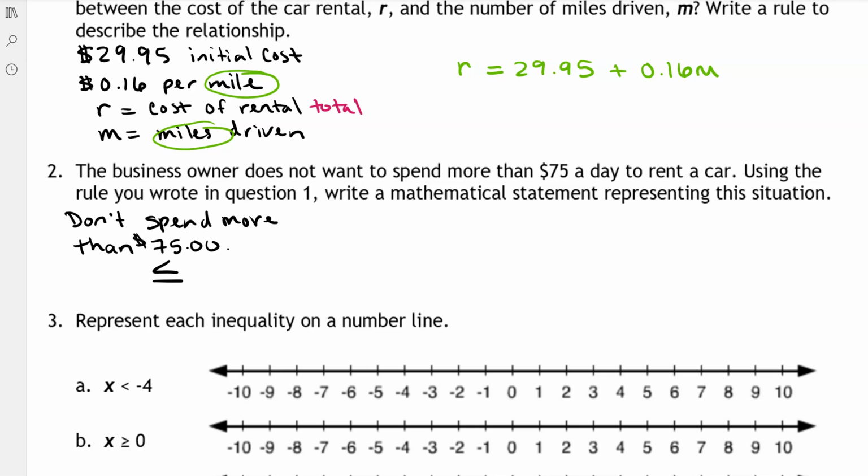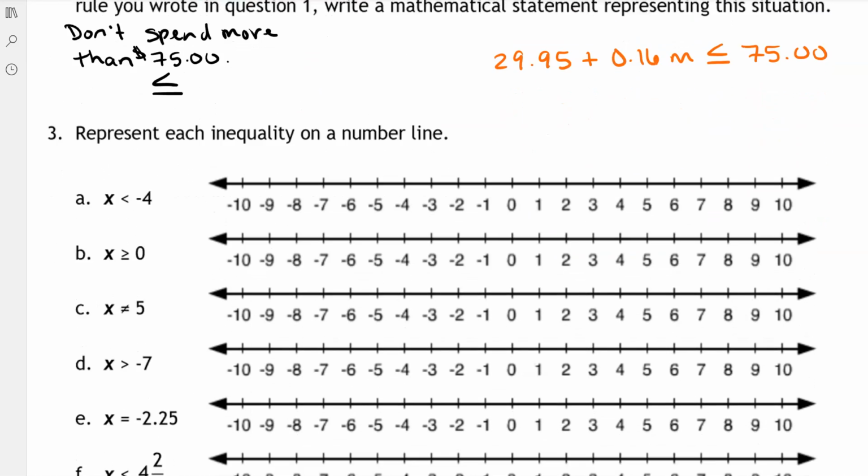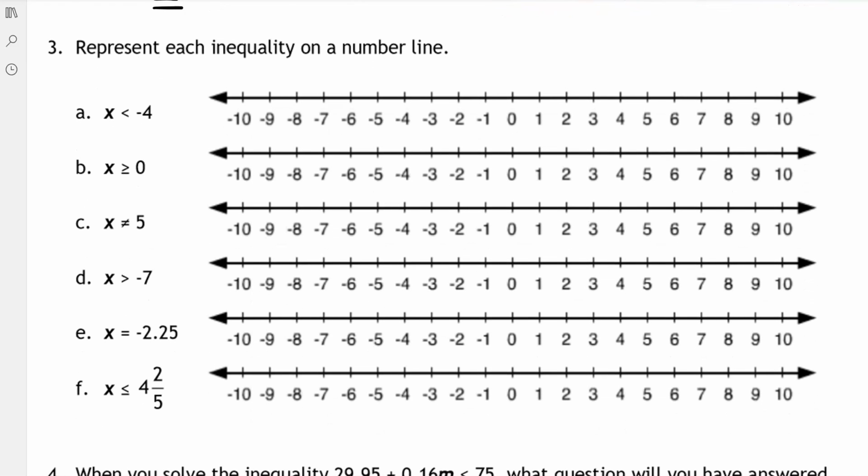Let me write the equation first. 29.95 plus 0.16m has to be less than or equal to $75. Okay, make sure you're adding these to your notes because this equation I think is going to come back later.